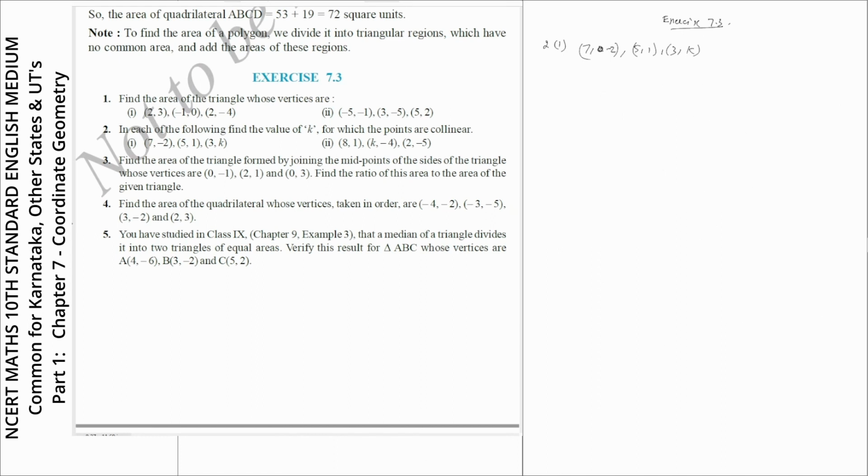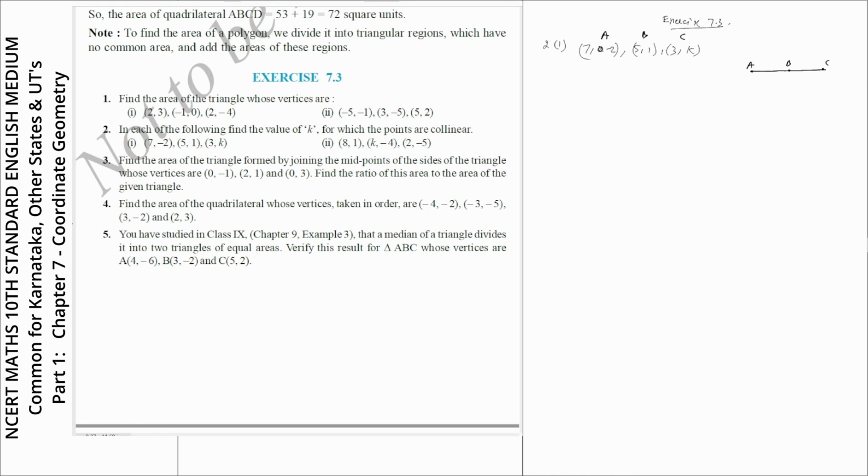Exercise 7.3, question number 2. In each of the following, find the value of k for which the points are collinear. So points are (7, minus 2), (5, 1) and (3, k). So I'll take these points as A, B, C. If ABC are collinear, then collinear means they lie on the same straight line.